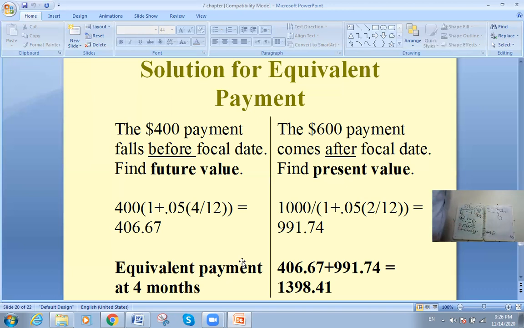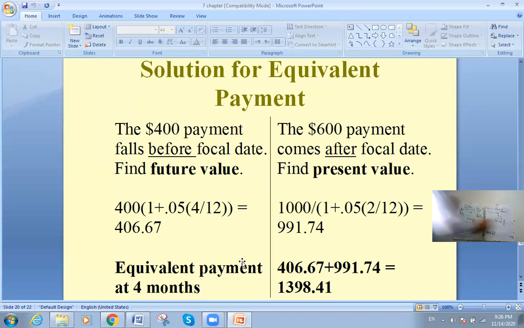It is $1,000, US dollars. But wait. This amount is due 6 months from now.